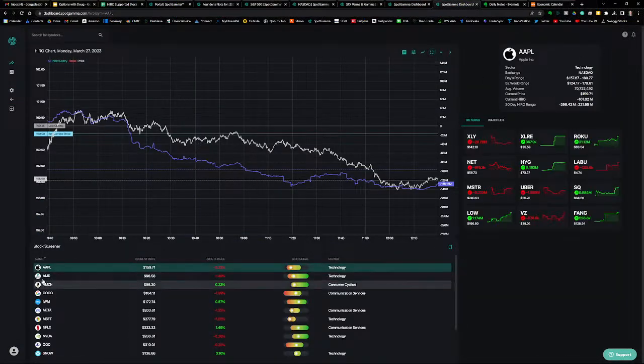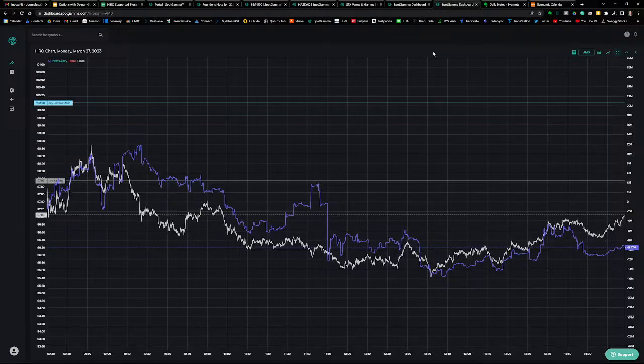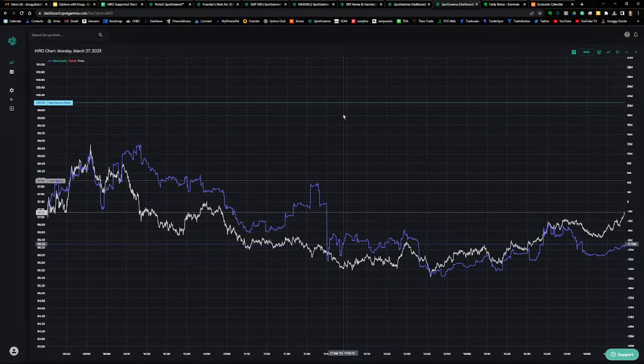All right, let's go take a look at HIRO. Not quite as clear a setup or confirmation. And for AMD, the only key daily level that I had moving lower was the hedge wall. And by the way, for Apple, both the hedge wall and put wall moved lower, and the call wall moved higher compared with Friday. All right, so that is AMD.